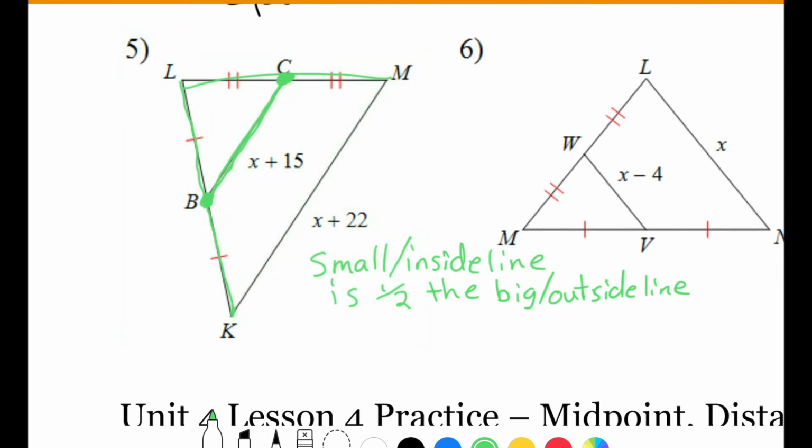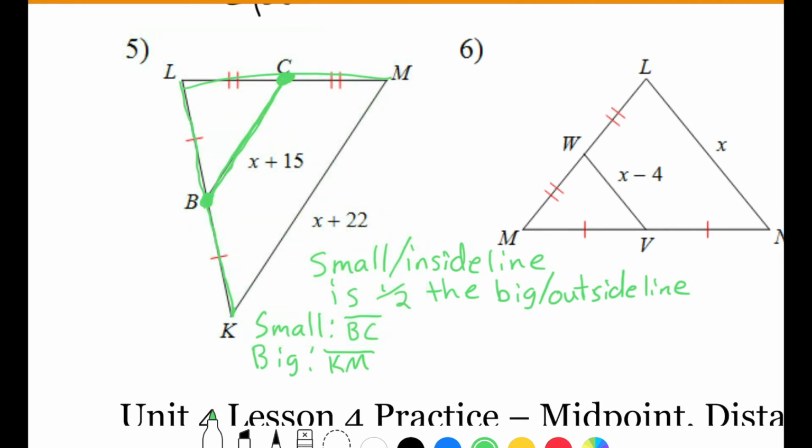So what this means is, in this case, the small line is line BC. The big line, in this case, is line KM.